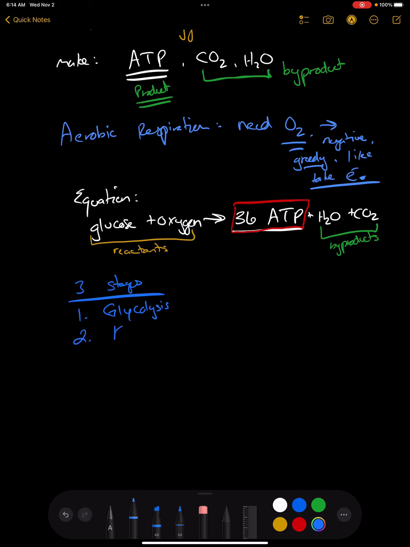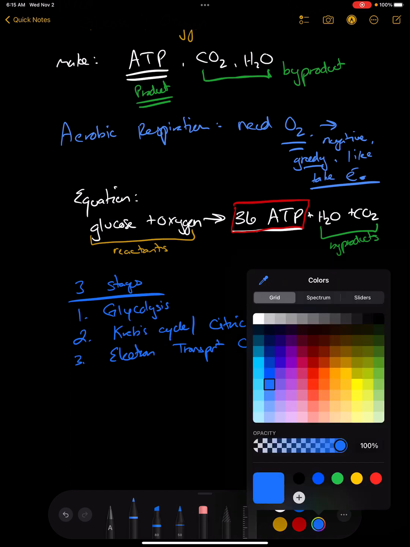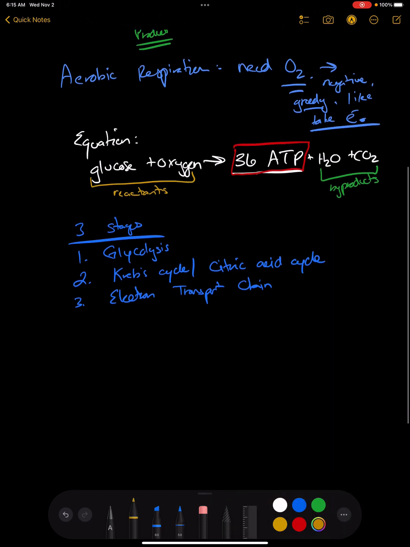My second stage is called the Krebs cycle, or the citric acid cycle. And then my third stage is called the electron transport chain. All right, so let's go through what's happening in each of these stages, okay?